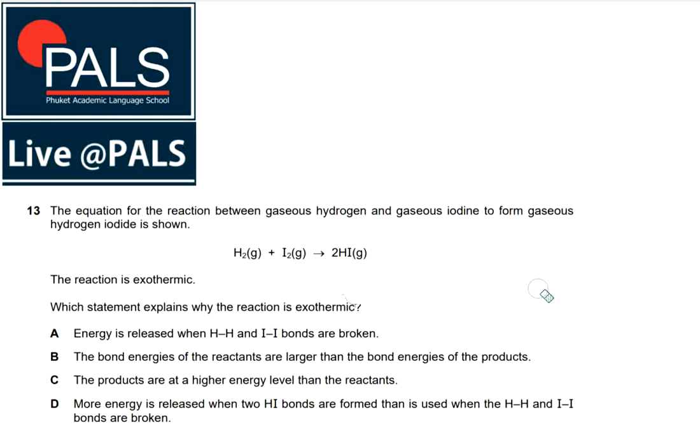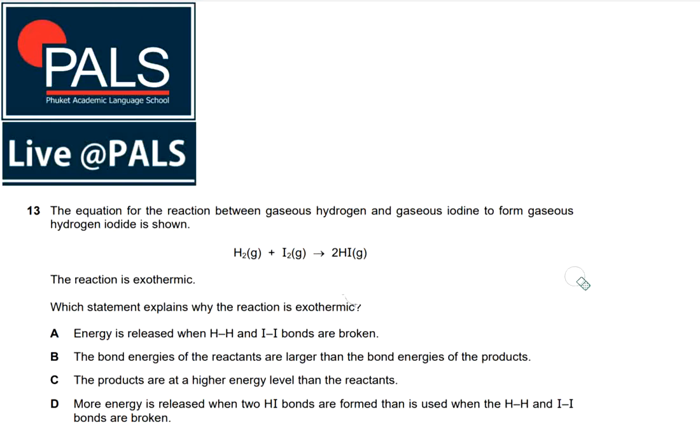The equation for the reaction between gaseous hydrogen and gaseous iodine to form gaseous hydrogen iodide is shown. The reaction is exothermic. Which statement explains why the reaction is exothermic?